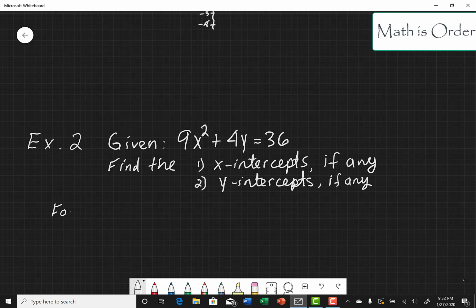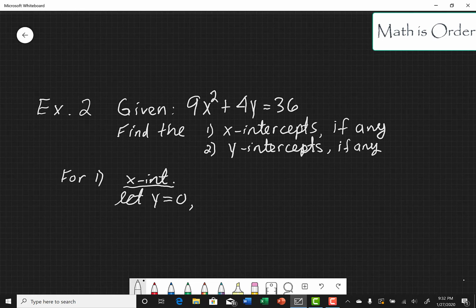All right, so for number 1, to find the x-intercept, we need to let y equal 0 in the equation and then solve the equation for x. So once we let y equal 0, we're going to have 9x squared plus 4 times 0 equal 36.